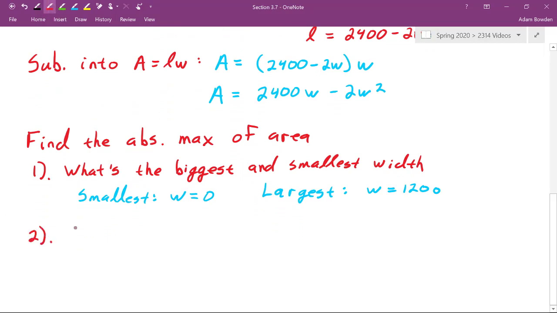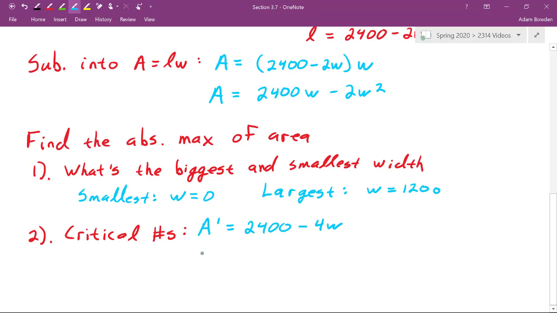Now we're going to find the critical numbers from the area up above. To do that, we find the first derivative, A prime, which is going to be 2,400 minus 4W.